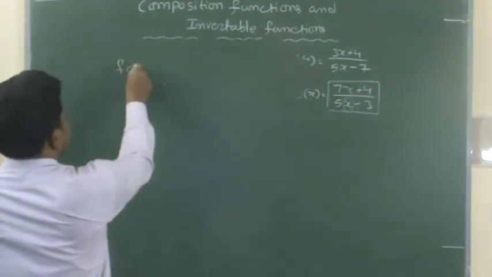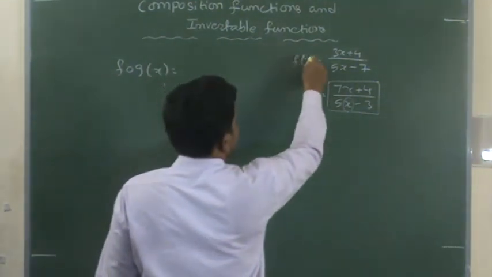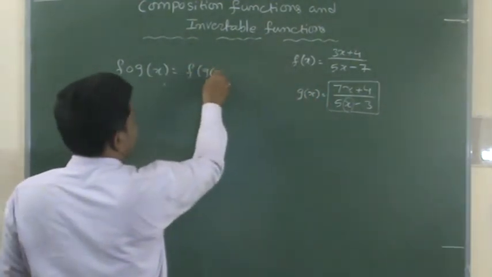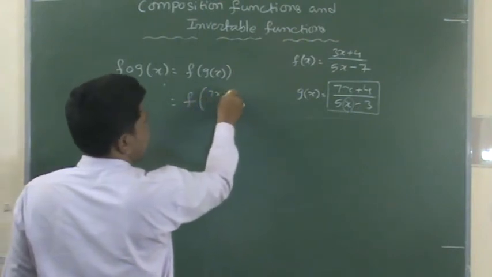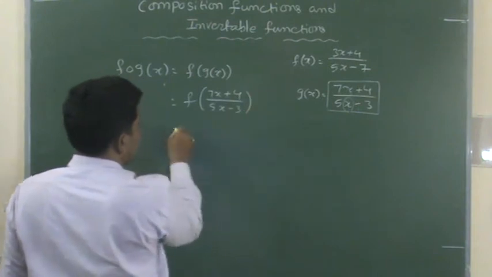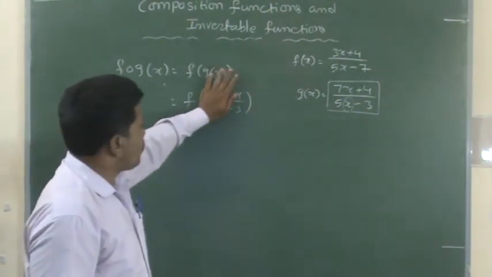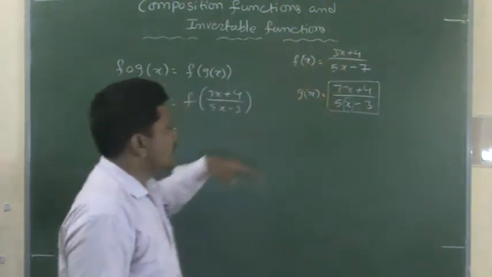What is f circle g of x? It is f of g of x. What is g of x? f of (7x plus 4) by (5x minus 3). Right. Now this is x now. I want to replace this one in this. Just the reverse process, right?